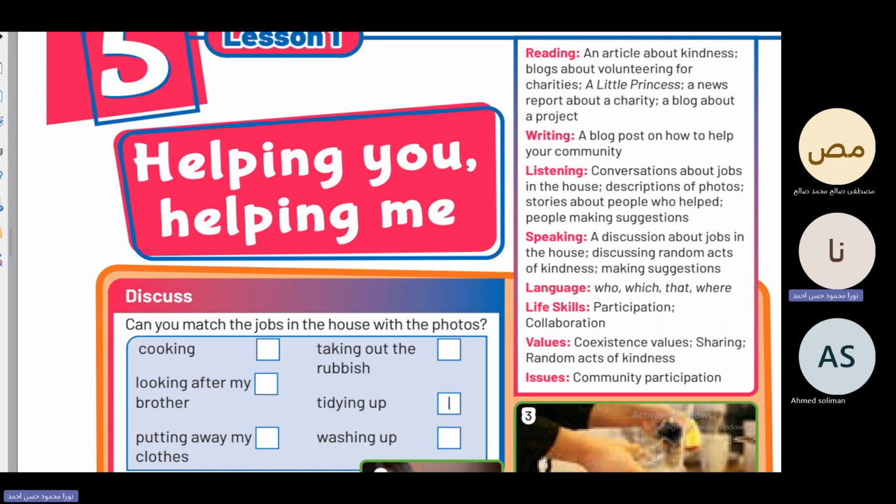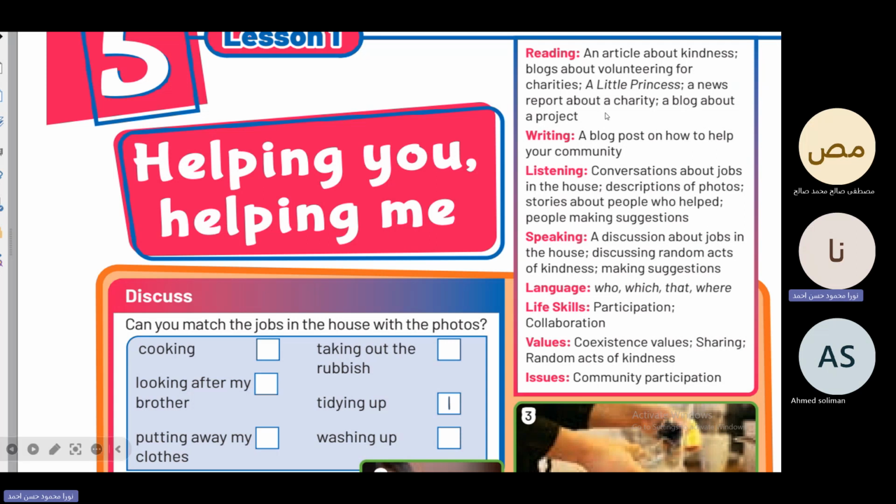Okay, today's aims. By the end of today's unit, you will read an article about kindness. You will also read blogs about volunteering for charities, and we studied the word charity before. The most enjoyable part, we agreed before, is the reading part.